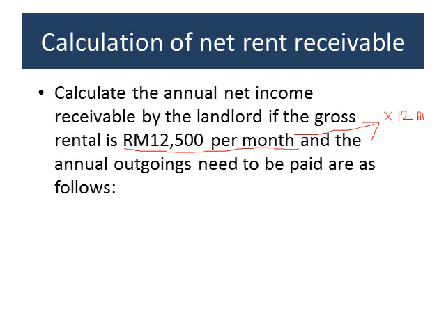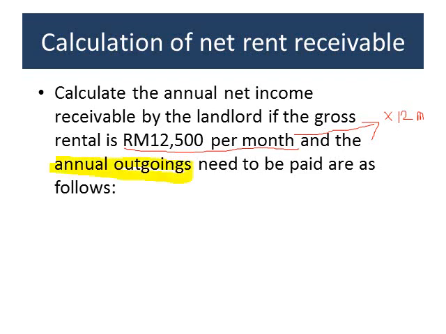When I mention per annum, it means per year. Because it is given as 12,500 per month, you need to times it by 12 months to get per year or per annum.